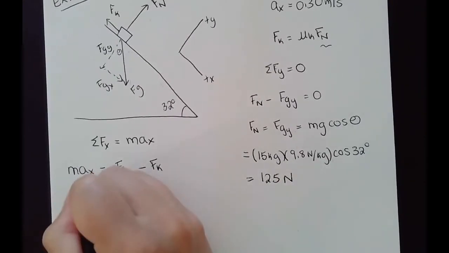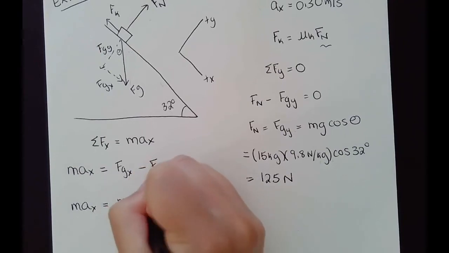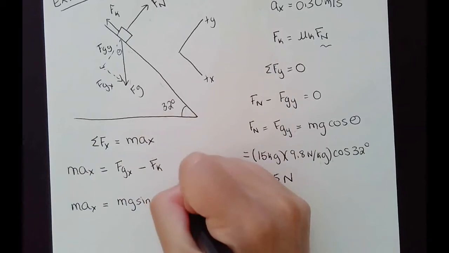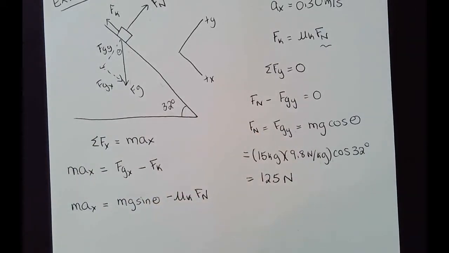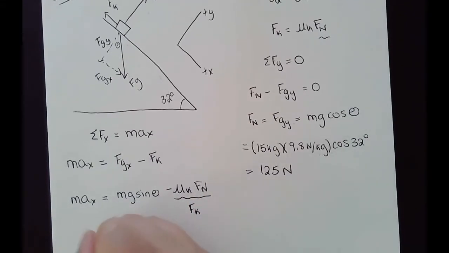I'm going to have max equals mg sine theta, since it's opposite to the angle in the x direction, minus mu k Fn. And then we can find this force of friction. So we're actually just asked for friction first. So let's just leave that as Fk and solve. So I'll end up with Fk equals mg sine theta minus max.